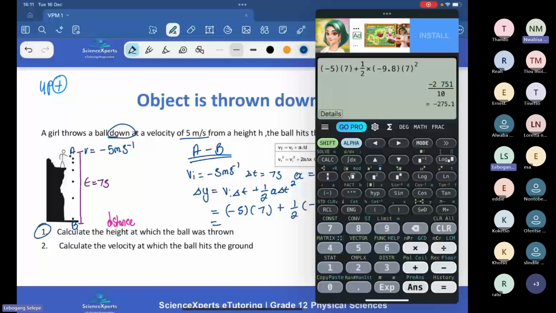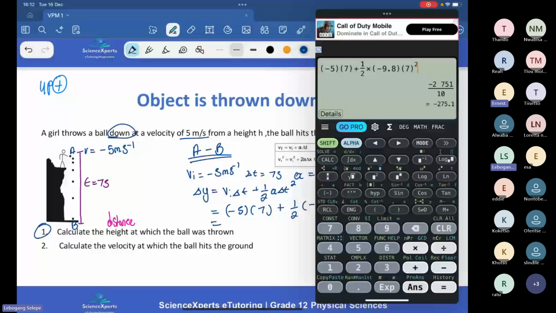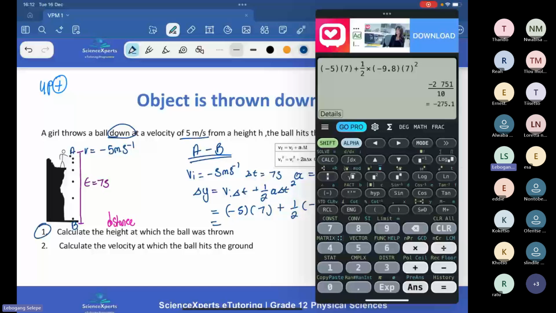Who got this answer? Negative 275, yes. So you know why some of us got like 240,1? It's because we thought that if an object is dropped, the velocity is equal to zero. But here they did not say it was dropped.